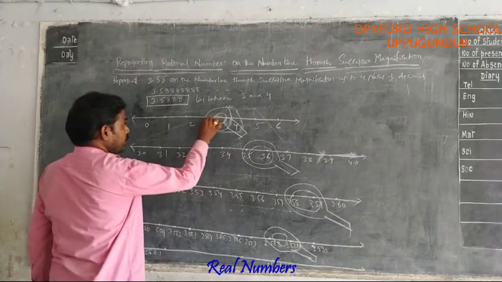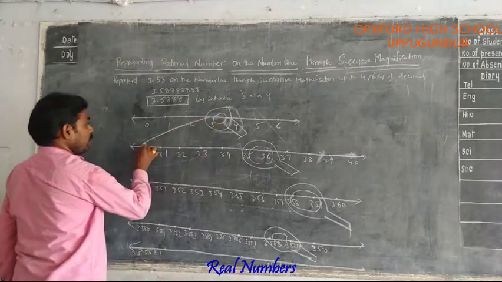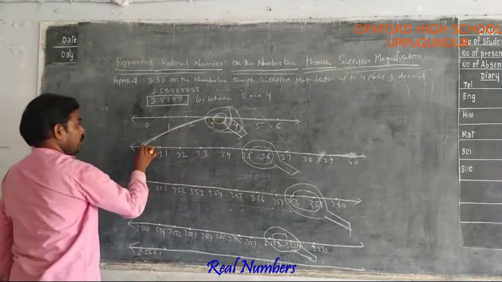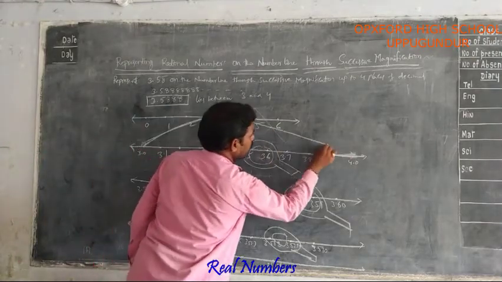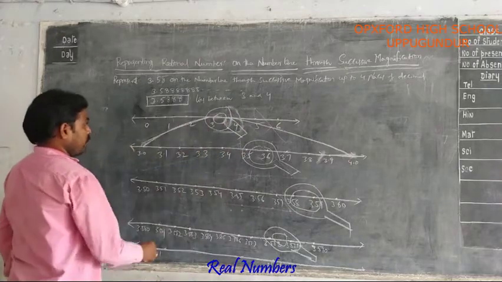So we are dividing the interval between 3 and 4 into 10 equal parts.